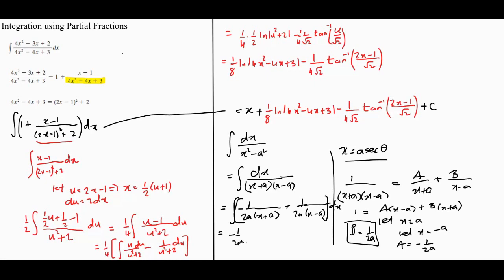Minus 1 over 2a ln of x plus a plus 1 over 2a ln of x minus a, and that's plus a constant. Now, of course, you can combine these because 1 over 2a is common, and you'll have 1 over 2a ln of x minus a over x plus a, plus a constant.